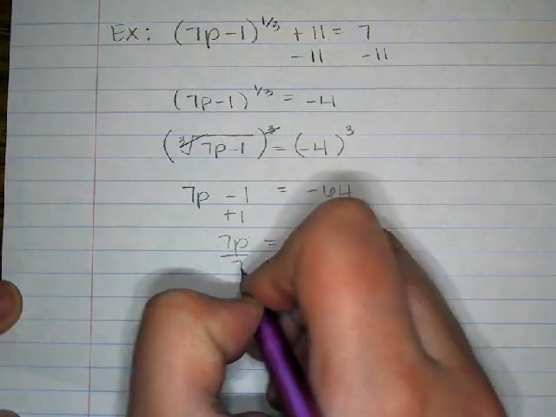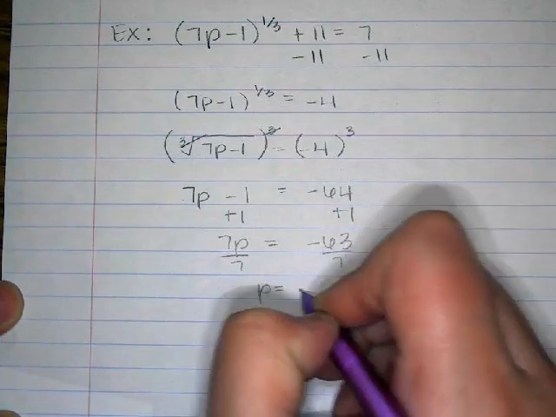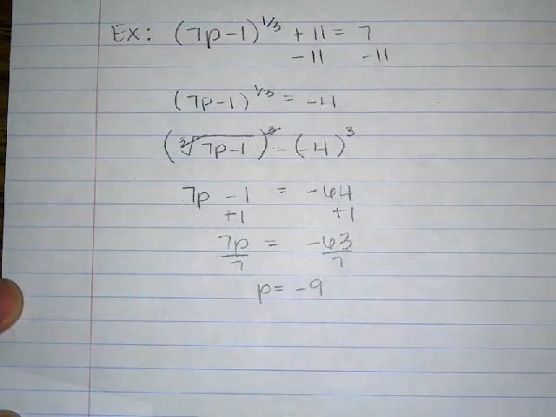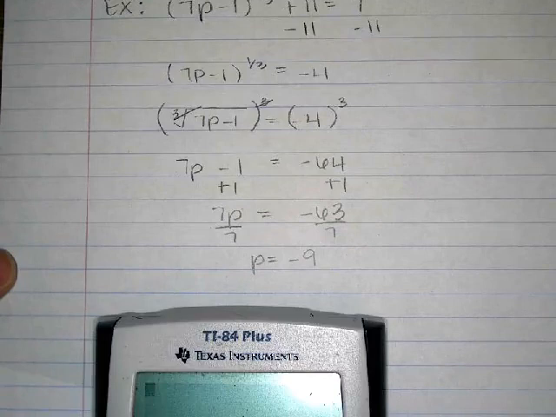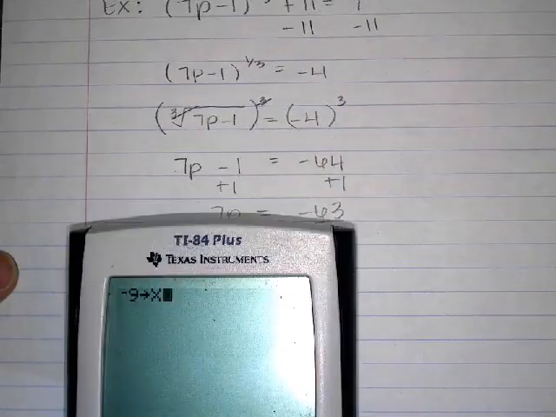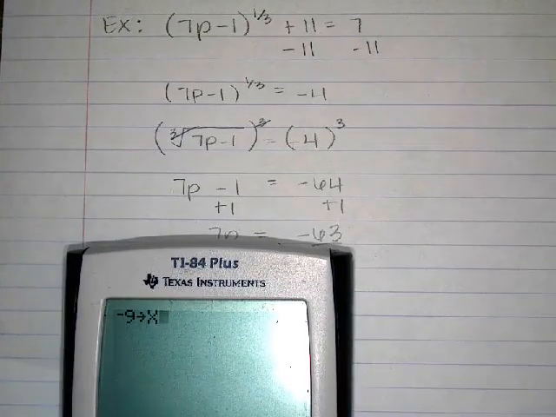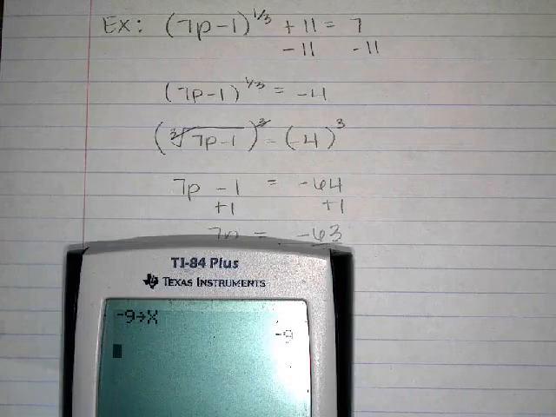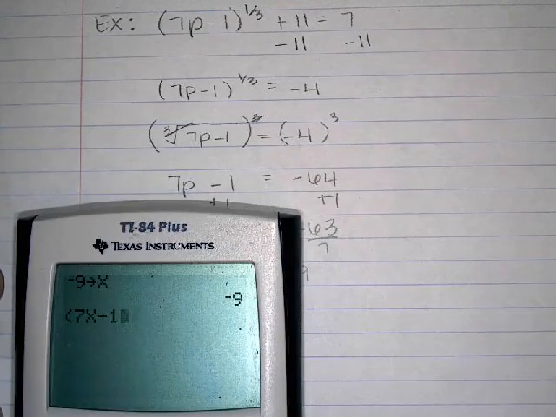Okay. And before we decide that this is the answer, we're going to plug it in and make sure that it works. So we're going to do -9 stored as x. And then I'm going to make sure that if I do 7x minus 1 to the 1/3 plus 11, that answer gives me 7.